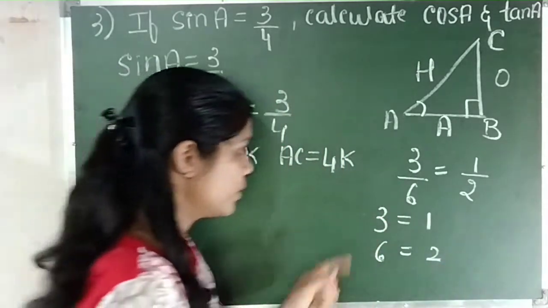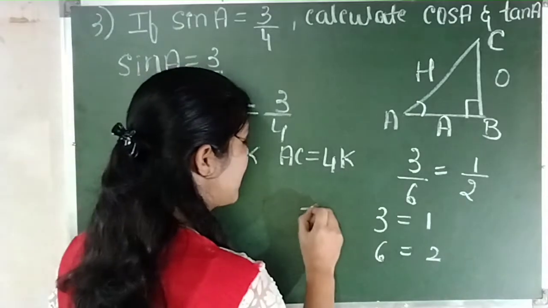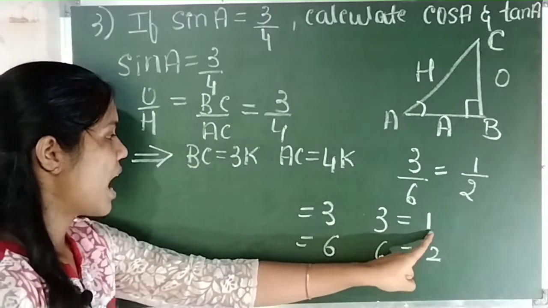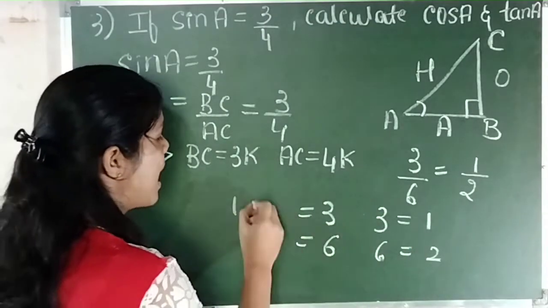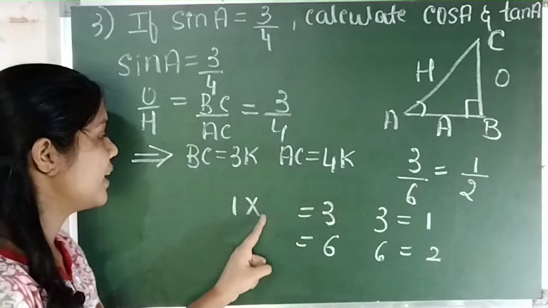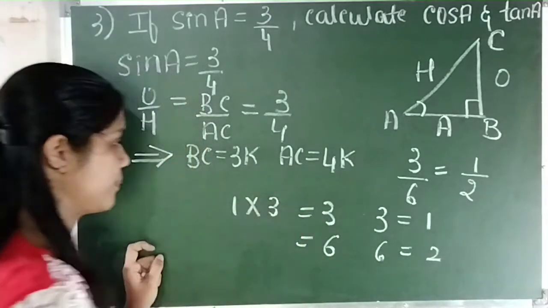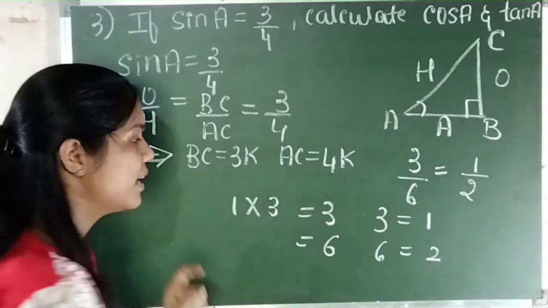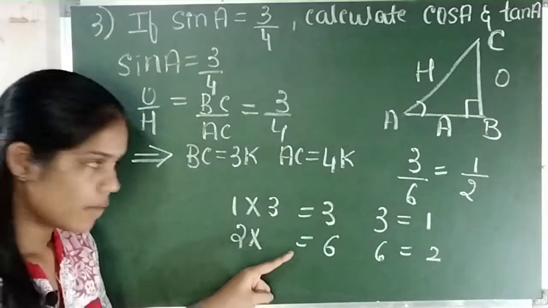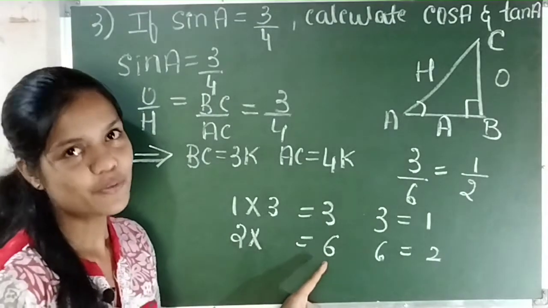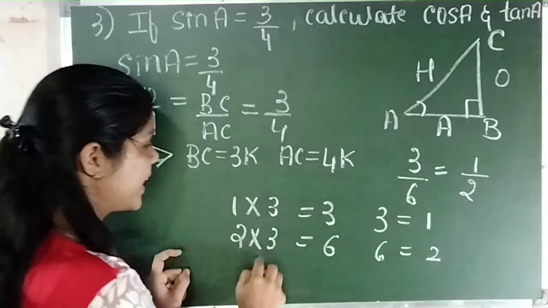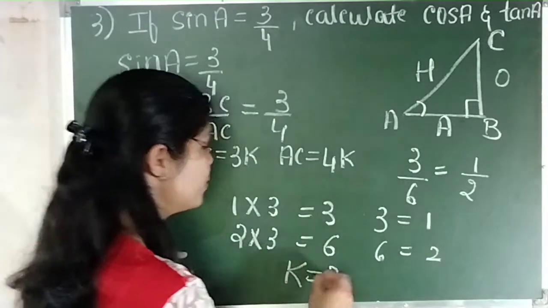I need to get 3 from 1, so I have to multiply 1 with some constant, and that constant is nothing but 3. 1 into 3 is equal to 3. Similarly, I have to multiply 2 with a constant in order to get 6. So 2 into 3 is equal to 6. Here the K value is equal to 3.